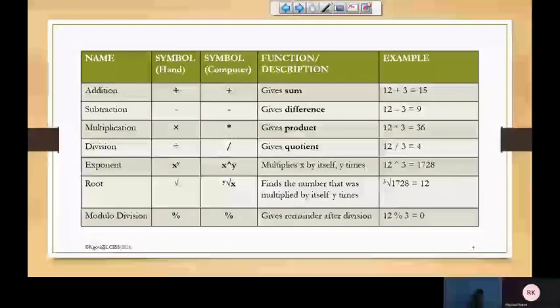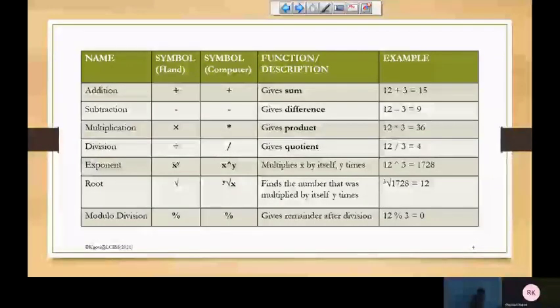But anyway, here's an example of what a root does. It finds a number that is multiplied by itself in order to get that number there. Right, so in this case here, we find the third root of 1728 to be 12. This basically means that if you multiply 12 by 12 by 12, 3 times, you'd get that number. So basically what's happening with the root is it's reversing the exponent.